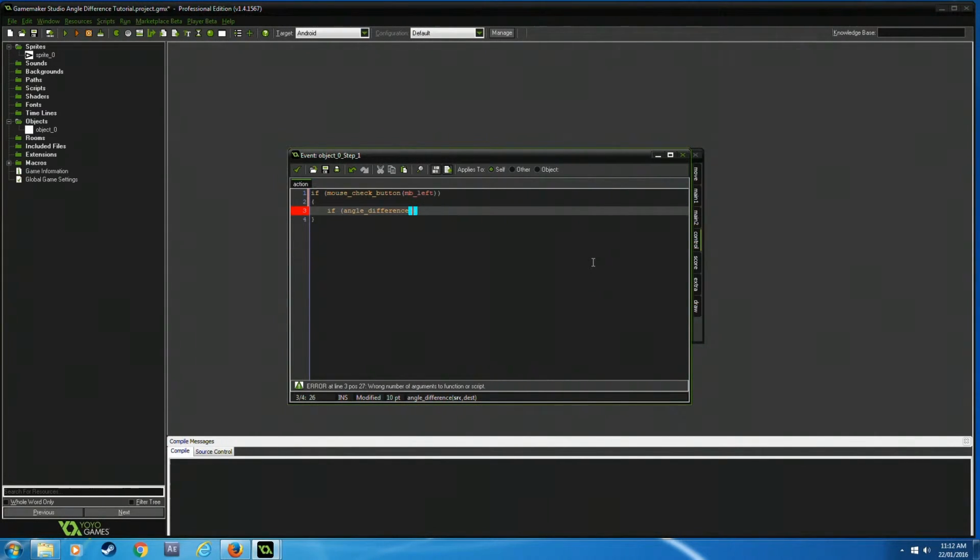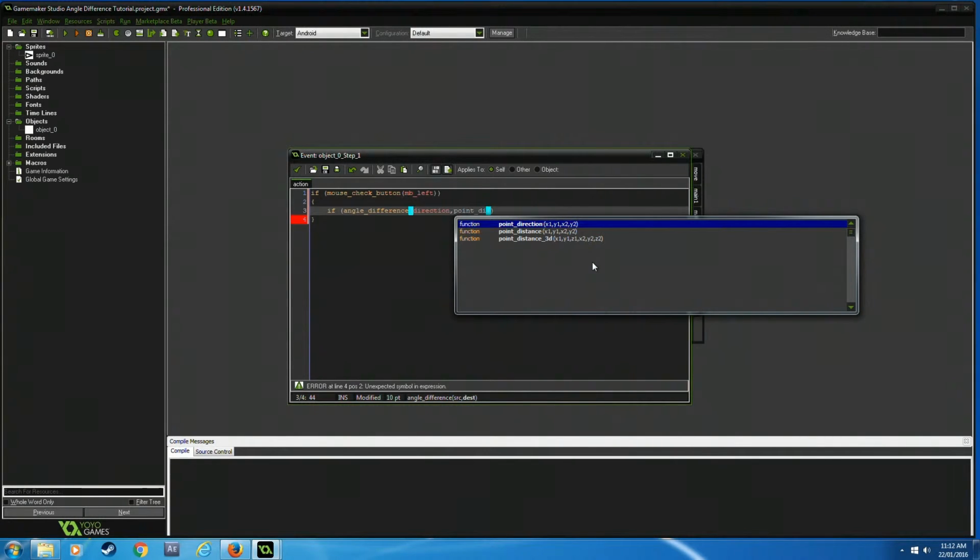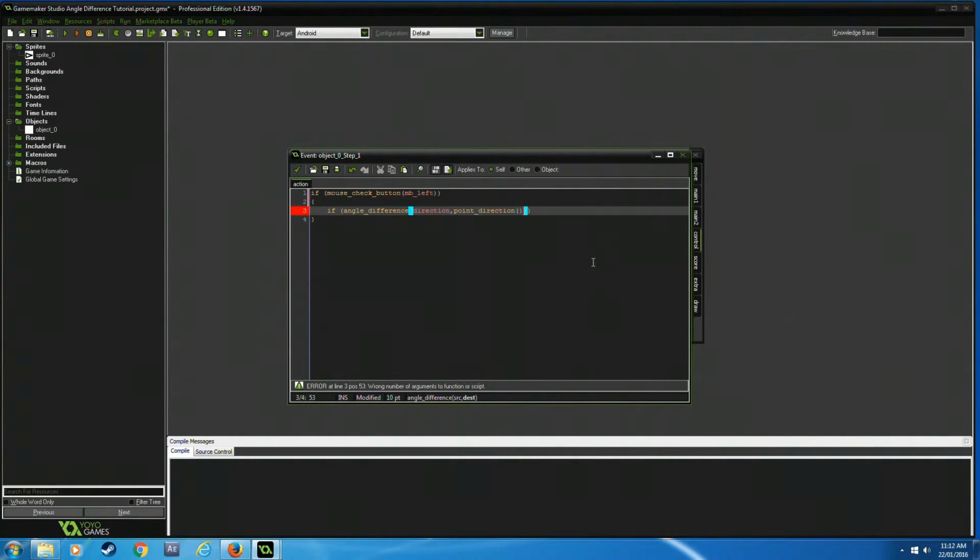Angle difference, so it wants a source, so my source is going to be direction, and I'm going to verse it against point direction, which is my x and y, referring back to the chart before, x1 and y1, and I'm going to verse it against mouse x and mouse y, which is versing it against x2 and y2.